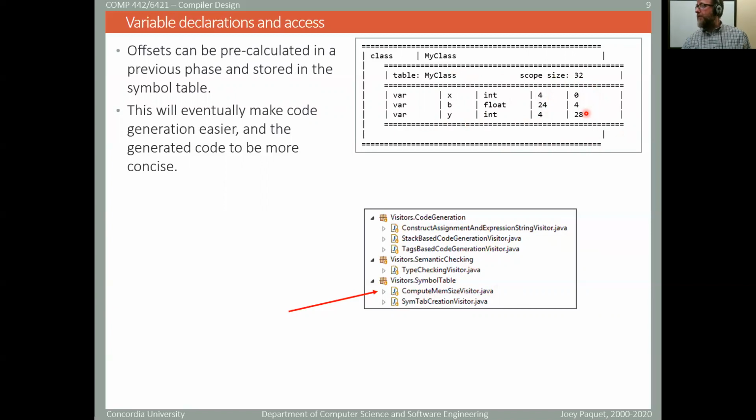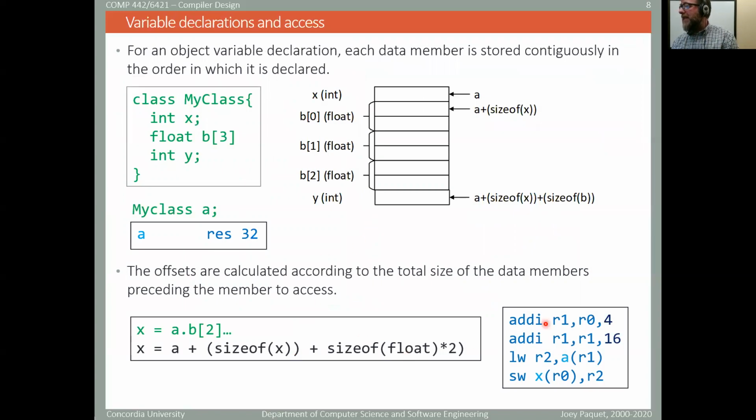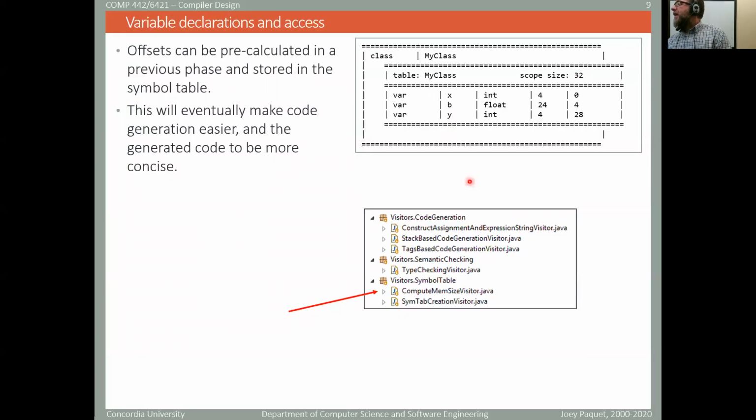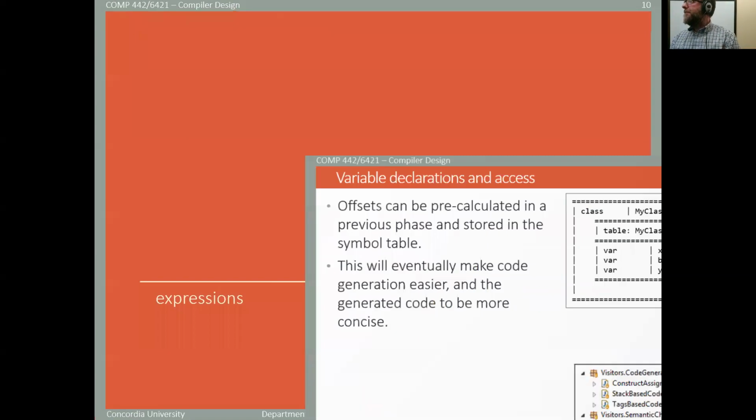So if you want to refer to an element y inside of an object of type myClass, then you know that the offset you need to use is 28. That prevents you from having to implement this formula here in your code. So you can really use 28 here, which is something I will use later on in some of my examples.